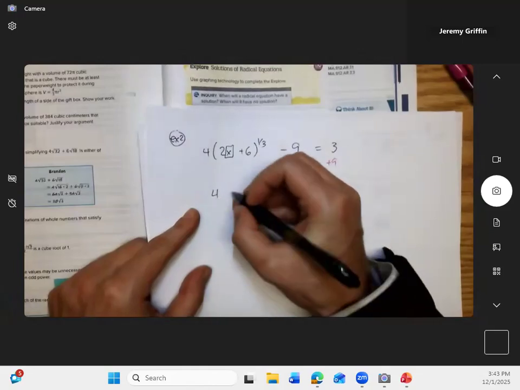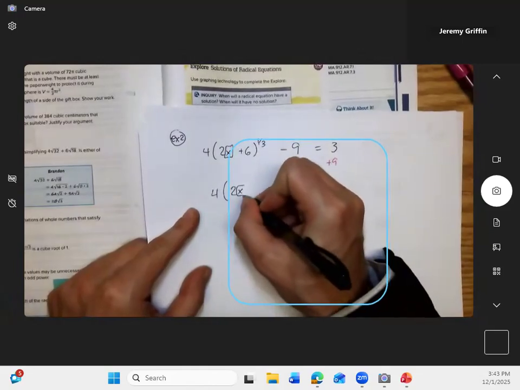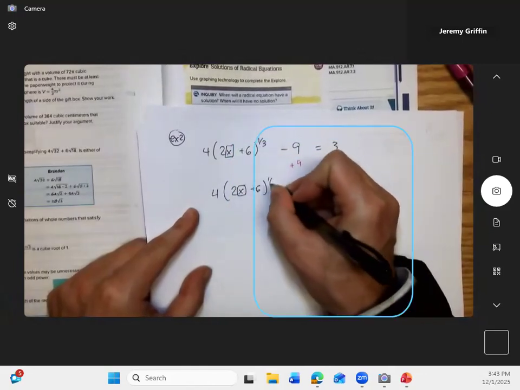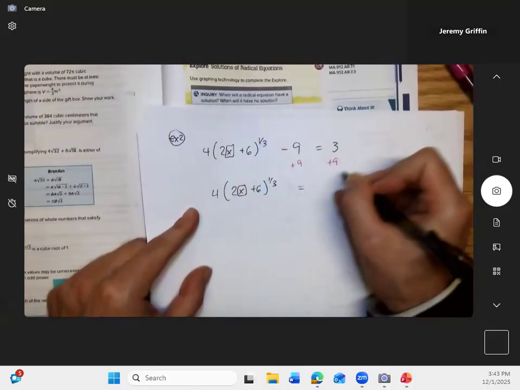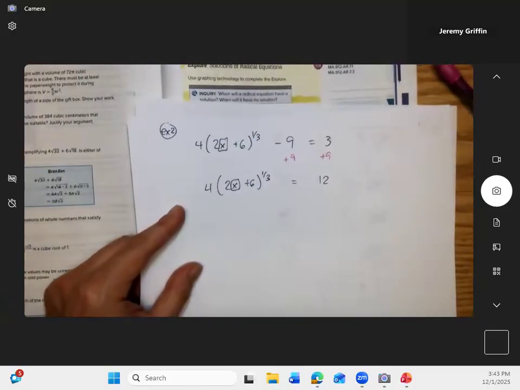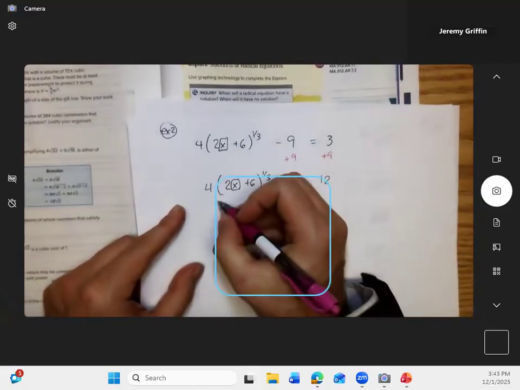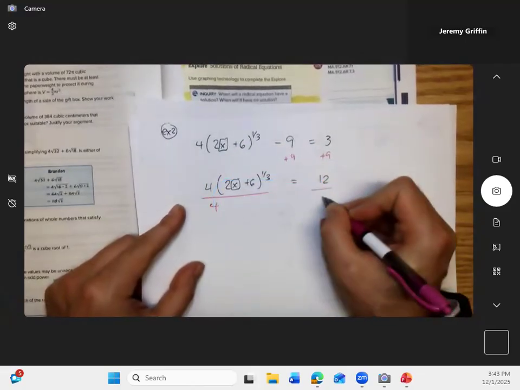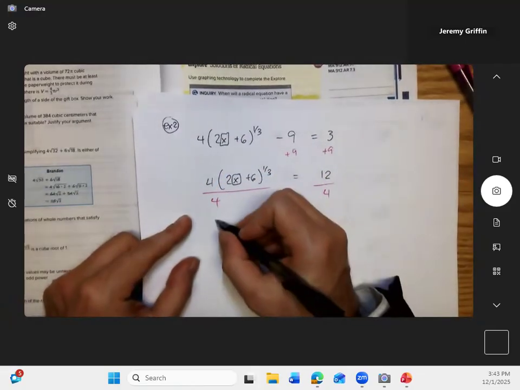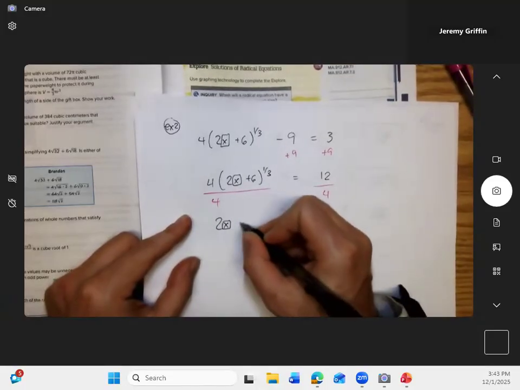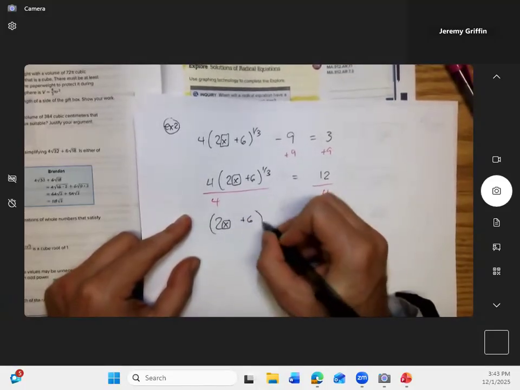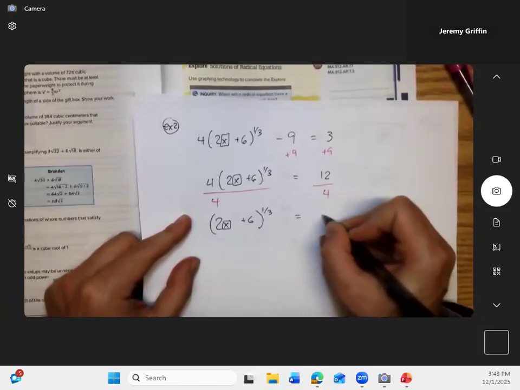So we have 4 times something equal to 12. Next step, divide out this coefficient of 4. Divide both sides by 4. Now 2x plus 6, the cube root of that, or 1/3 power if you like, is equal to 3.